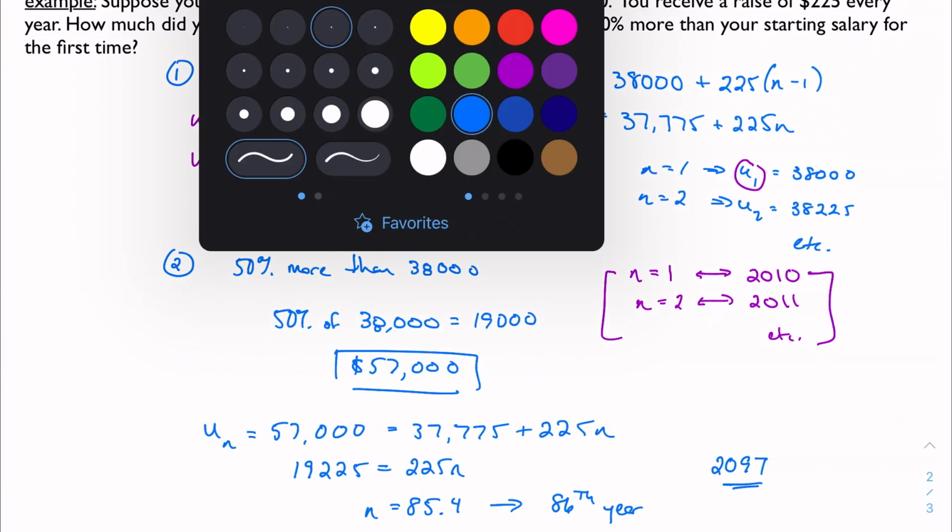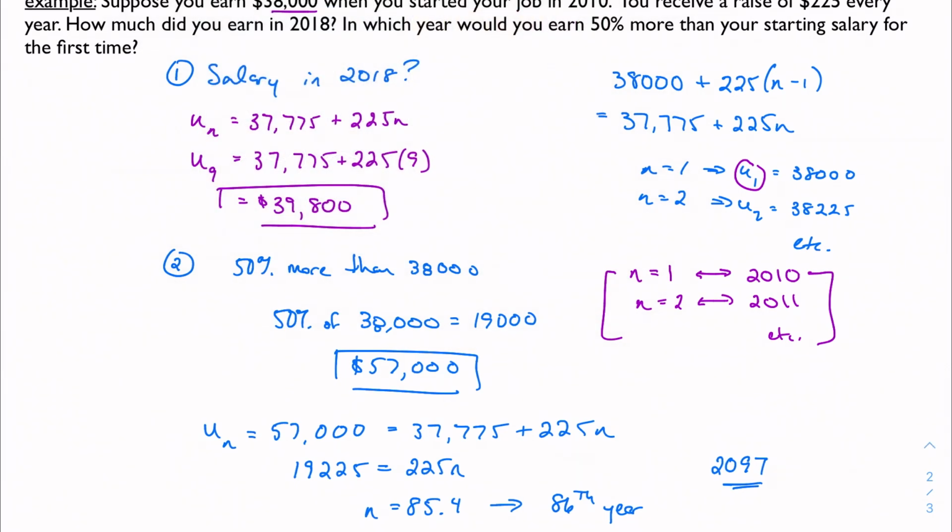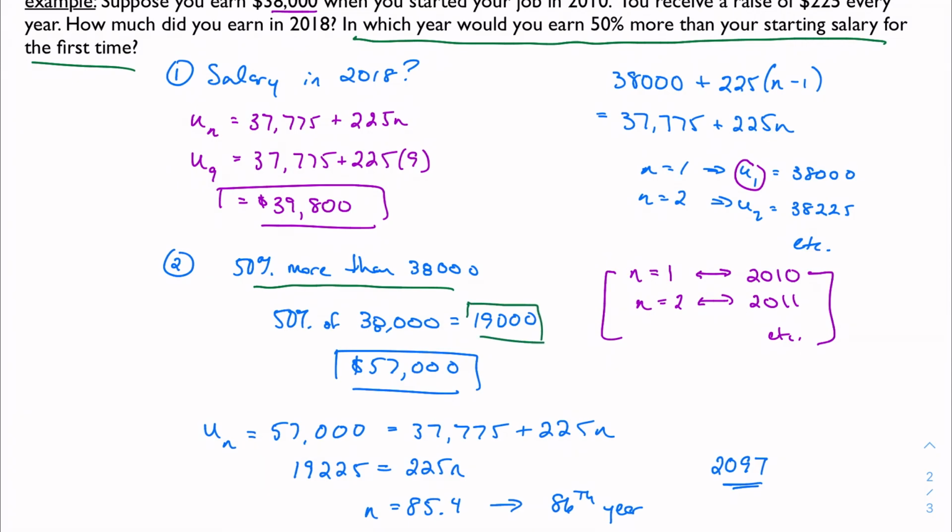But you could see from the problem, it looks complicated, right? It looks impossible. In which year would you earn 50% more than your starting salary? Well, I don't know how to do that. I don't know how to figure that out. But we do, right? We can talk through the problem and we can solve the problem by logic. Okay, well, what is 50% more than 38,000? It's 19,000. Well, it's 57,000. So in what term is my sequence going to be equal to 57,000?